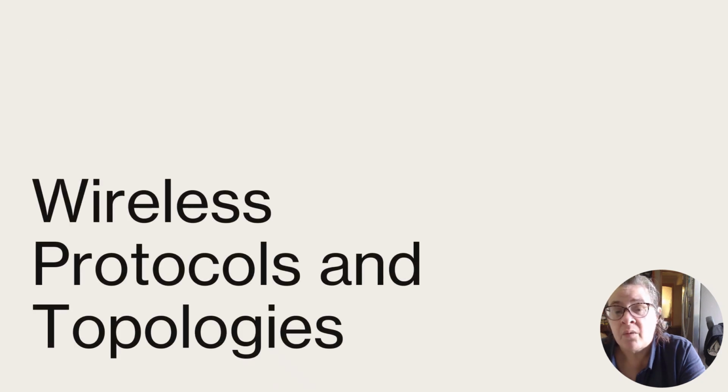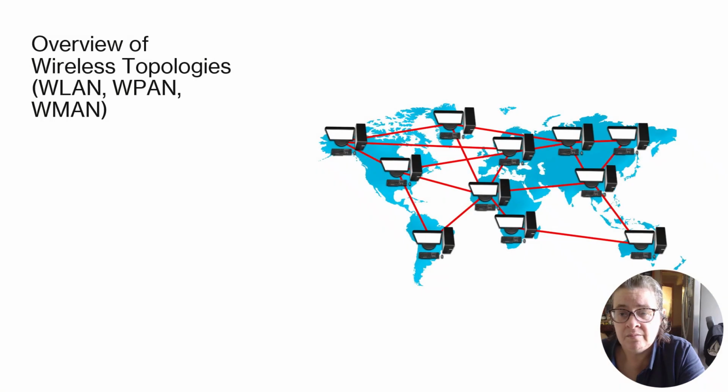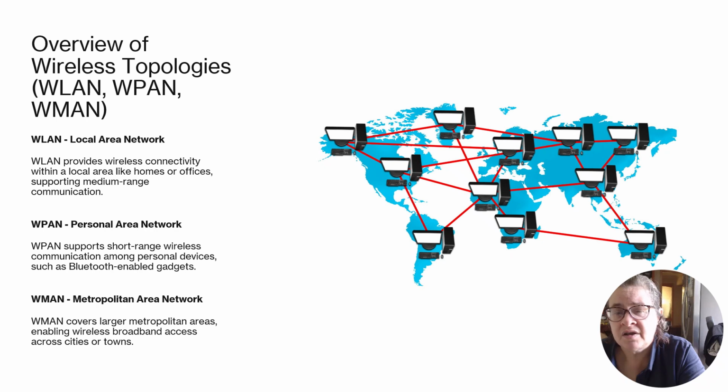Wireless networks operate with distinct topologies and protocols. This section covers wireless topology types, key protocols like Wi-Fi and Bluetooth, security and setup, and best practices. Wireless topologies include WLAN, which is wireless local area network, WPAN, which is wireless personal area network, and wireless MAN, for metropolitan area networking, each suitable for different coverage needs.